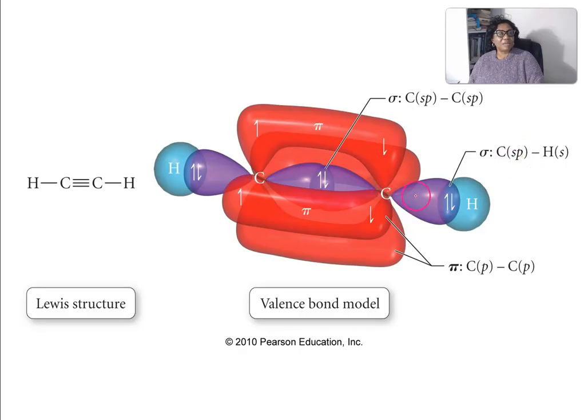This is the other carbon, which is hybridized. In sp, the s and one p orbital are mixed to form two degenerate orbitals. One is used to bond with the other carbon, and the other is used to bond with hydrogen. This is the Lewis structure of ethyne.